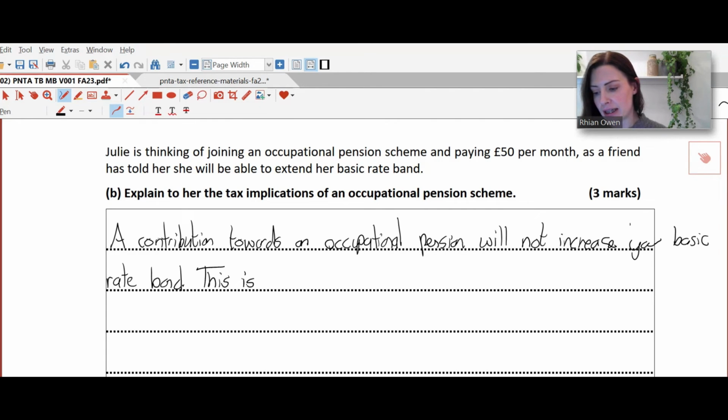This is being confused with a personal pension.